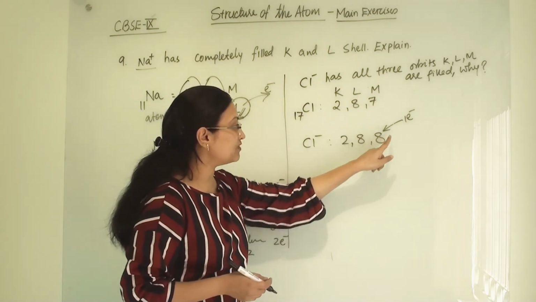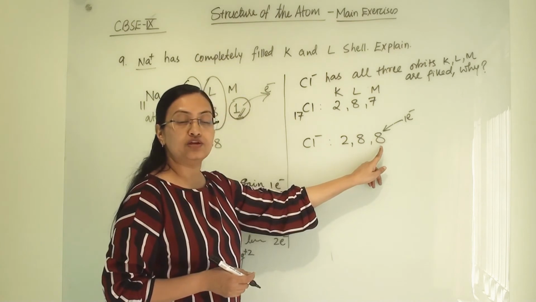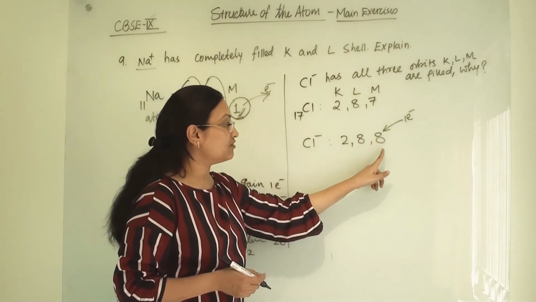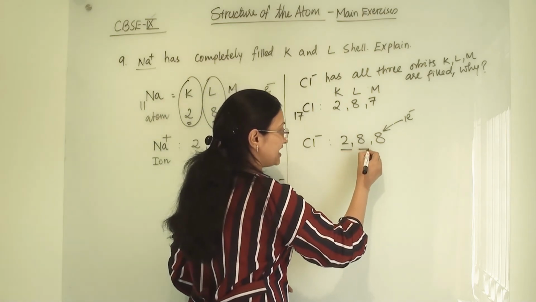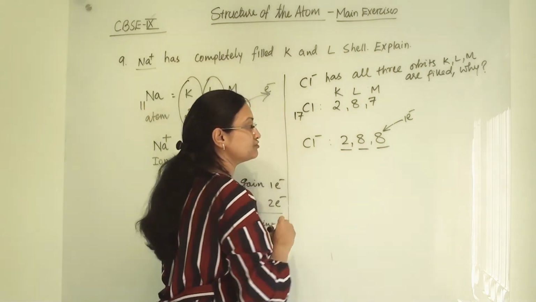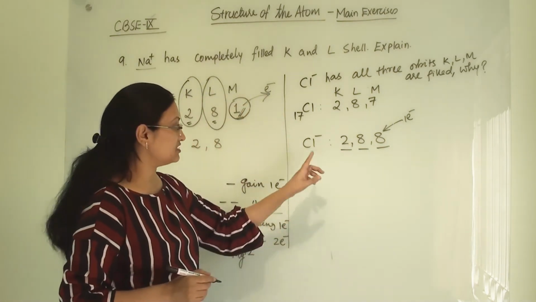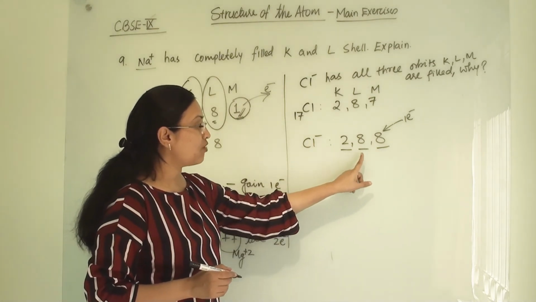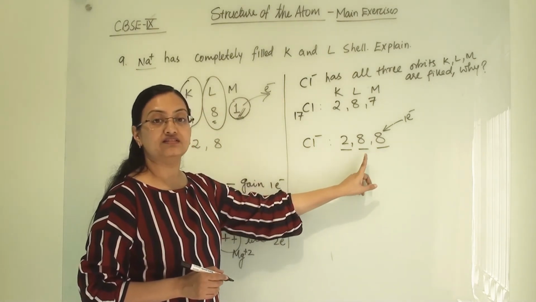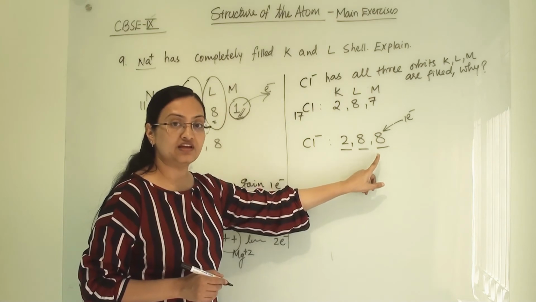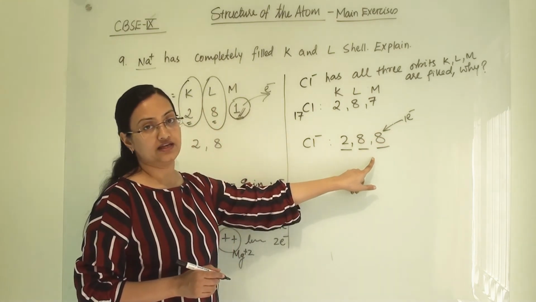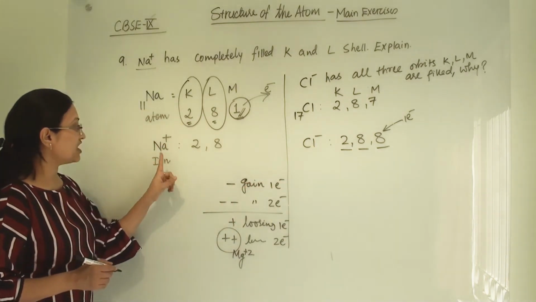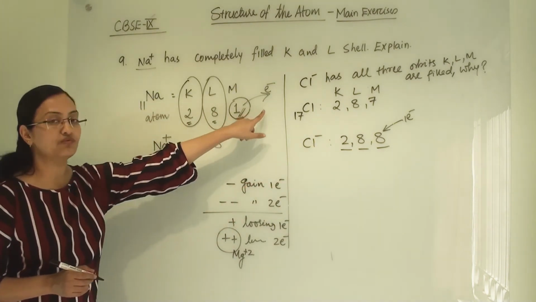So it will gain 1 electron and make all 3 orbits completely filled. 2 is the maximum capacity, 8 is the maximum capacity, and here also 8, which is the maximum capacity. So the chloride ion has all 3 orbits completely filled, and this happens with the gain of 1 electron, and here a positive charge is generated after losing 1 electron.